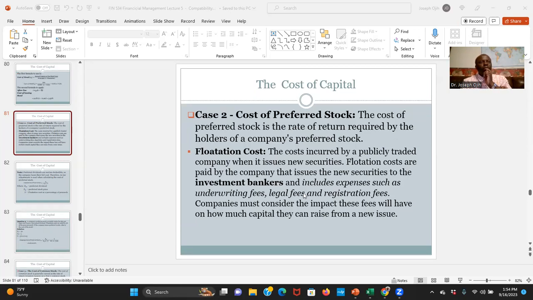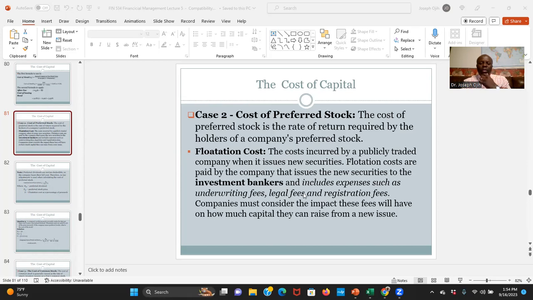When computing the cost of preferred stock, we have to factor in an important concept that we call flotation cost. So what is flotation cost? The flotation cost means the costs that are paid by a company that issues new securities to the investment bankers.